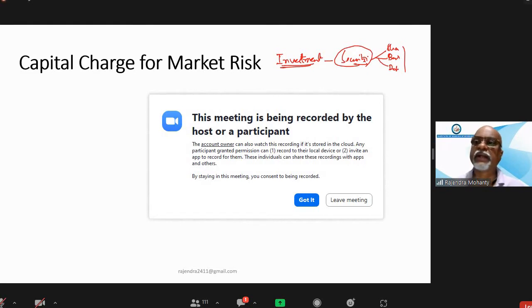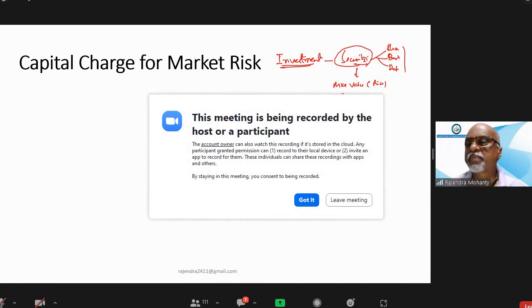And these securities have a market value, meaning they have a price and a rate of interest where a market rate is there.